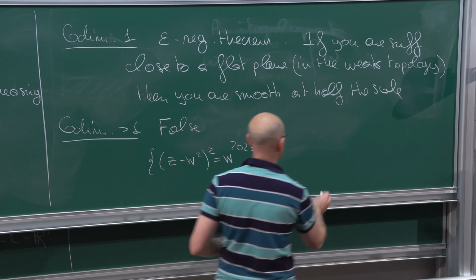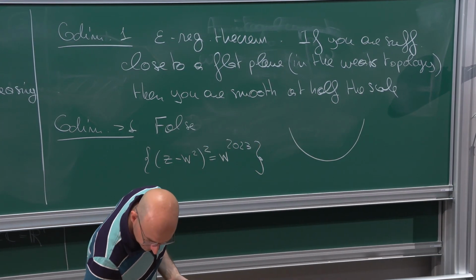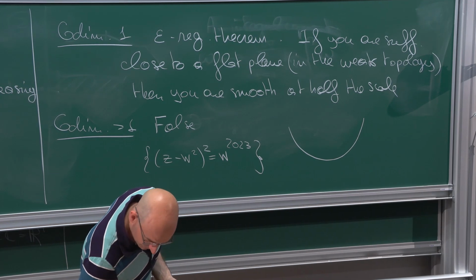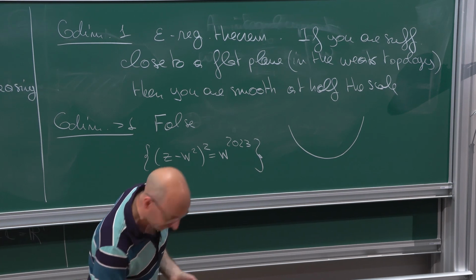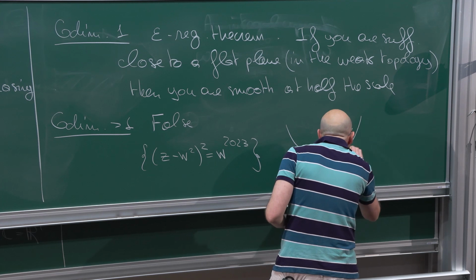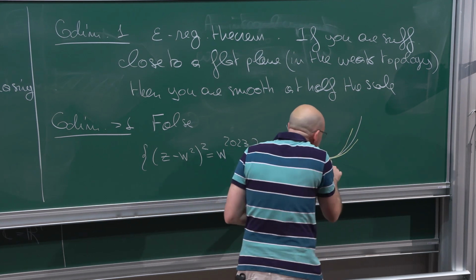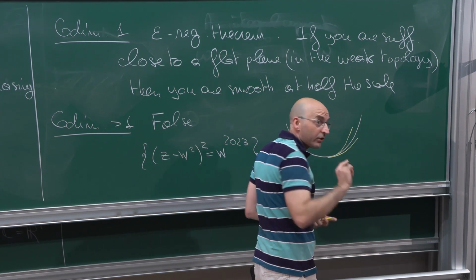So my surface really looks like this: I have something quadratic, and on top of it, let me draw it yellow, something which is really a tiny perturbation of it. And as I'm zooming into the singularity, I pick up the quadratic behavior, and these two branches are actually going to collapse.